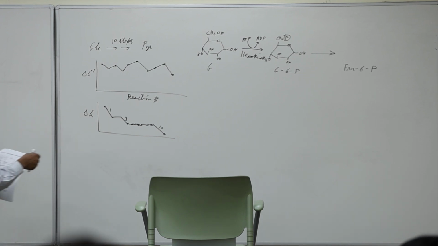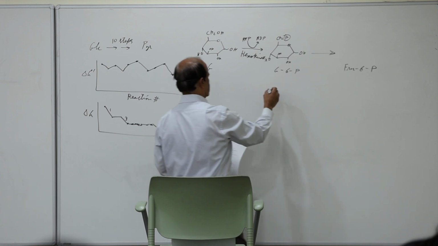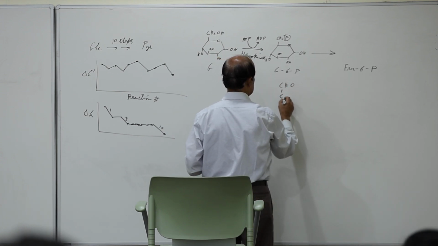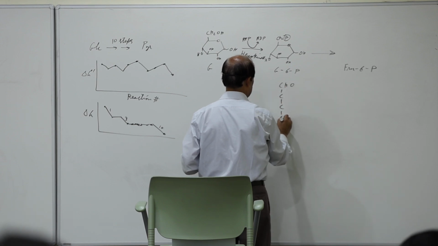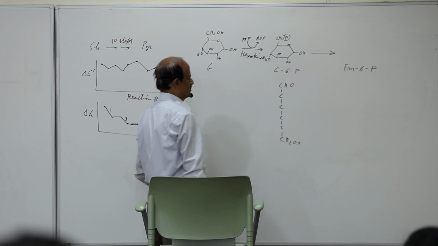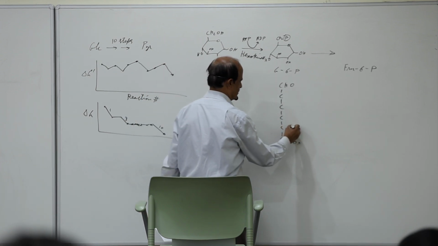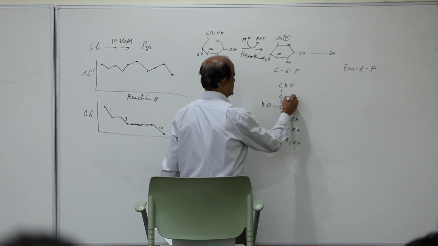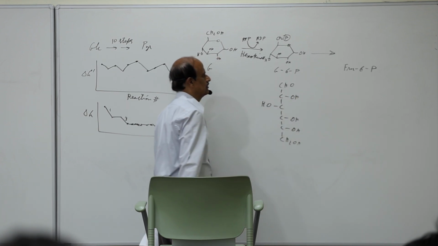So if we look at the linear structure of this CHO, 1, 2, 3, 4, 5, 6. And remember the structure of glucose is right, left, right.